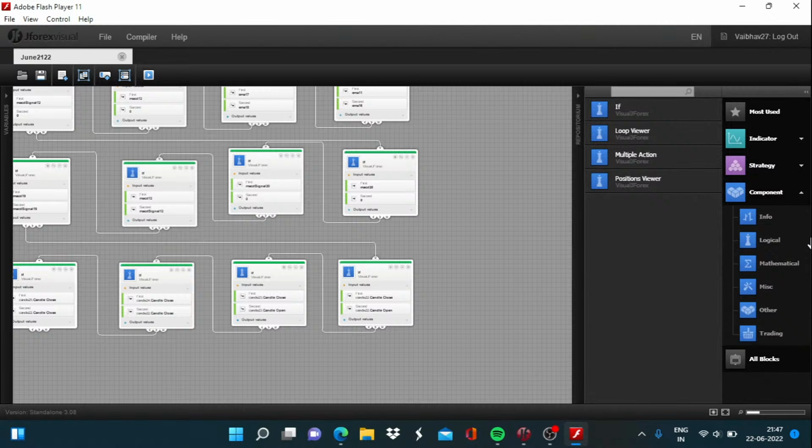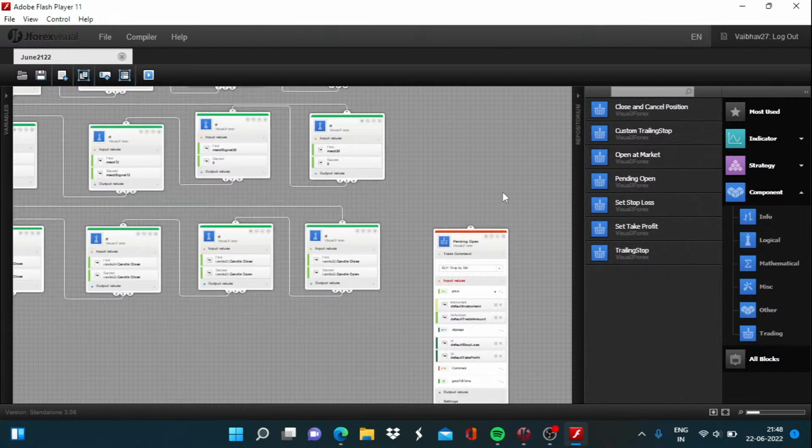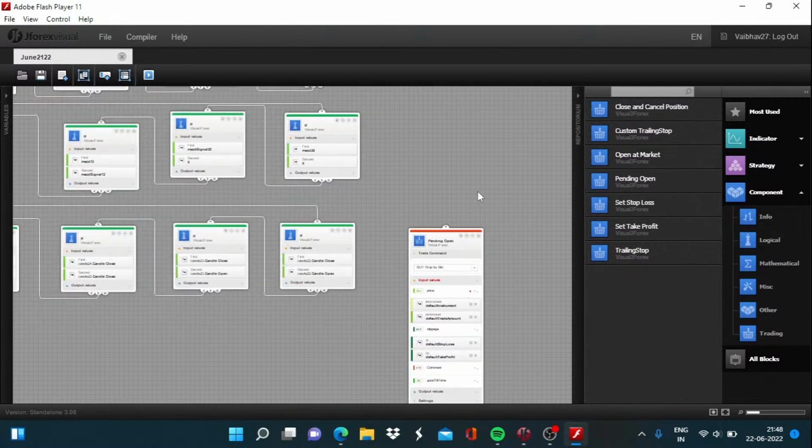Okay, so for that we will have to take a trading component, pending open, and then we need to define its parameters.